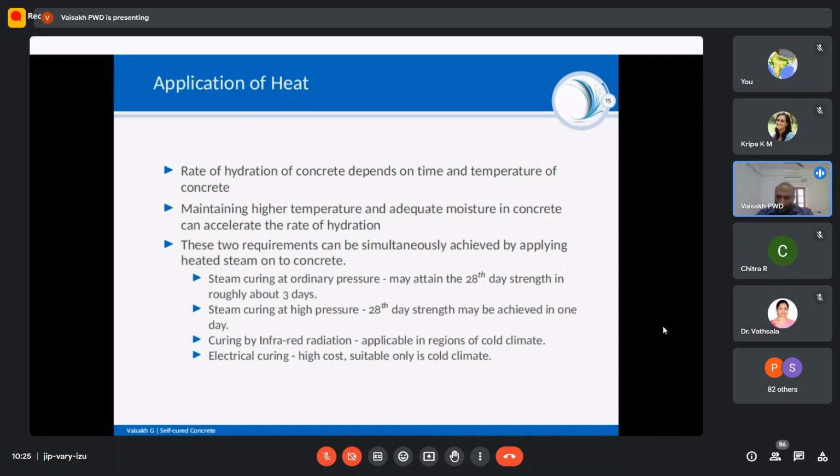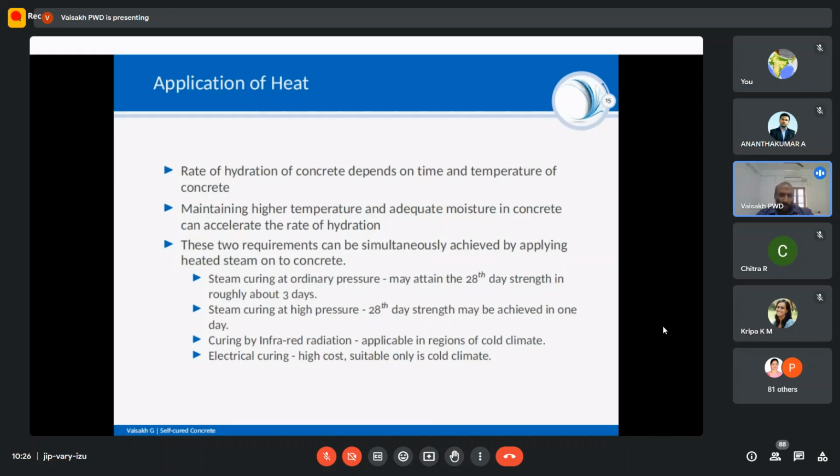Steam curing, as you will have in accelerated curing tanks in your laboratories, at ordinary pressure, can cure concrete in say 3 days, and steam curing at high pressure, which we call autoclaving, can achieve 28-day strength in 1 day.